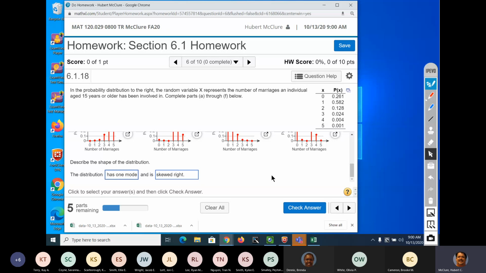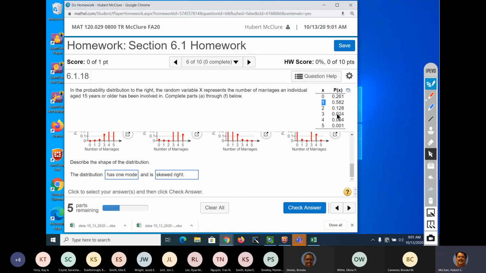I don't really understand the one mode because a mode shows up more than once or the most. And the only thing I could come up with was since the mean is 1, maybe that's why. I guess I know why. Because the highest number is 0.582. If the highest number was 0.582 on 2, it would be bimodal.